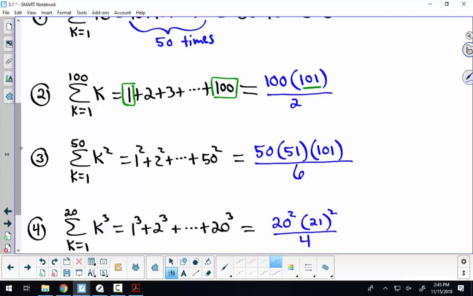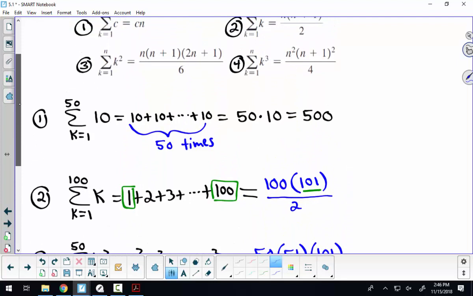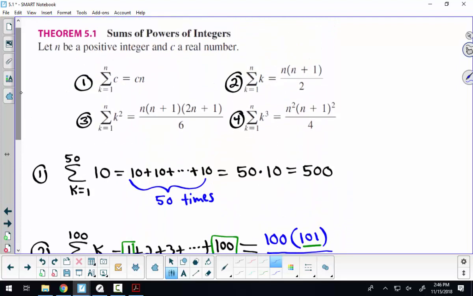This does limit us as to what sort of functions we can look at as far as the Riemann sum goes, because it's limiting us to a function that involves x plus a constant, x squared, x cubed. If we had x to the fourth or x to the fifth, we don't have a formula to sum those types of things.